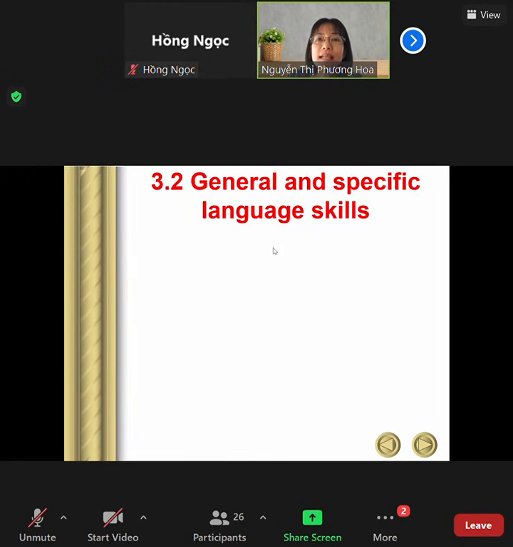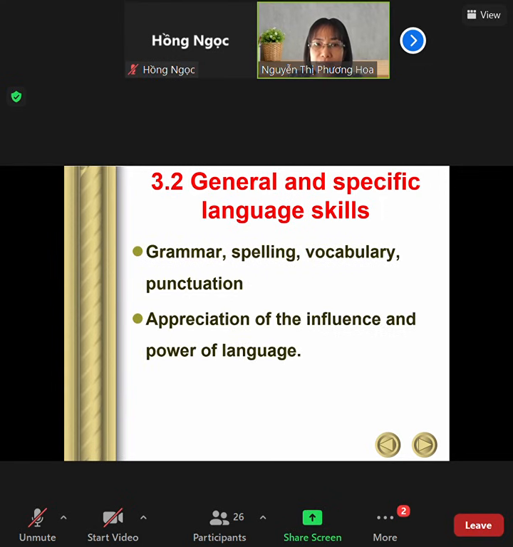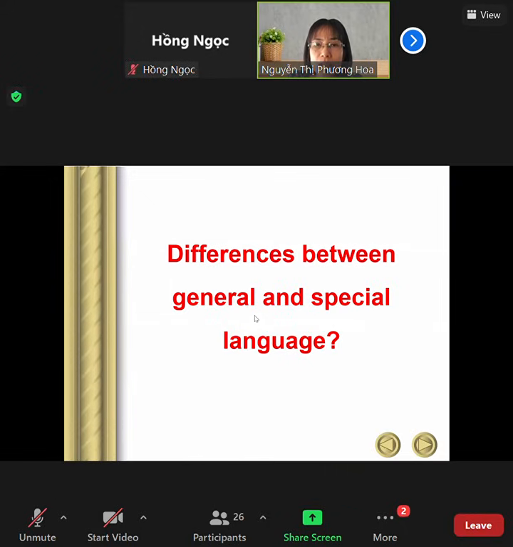We come to the next skills, language skills. The language used in the legal profession includes general and special language. And also we need general and specific skills, okay? In terms of language skills, we have general language skills and special language skills.